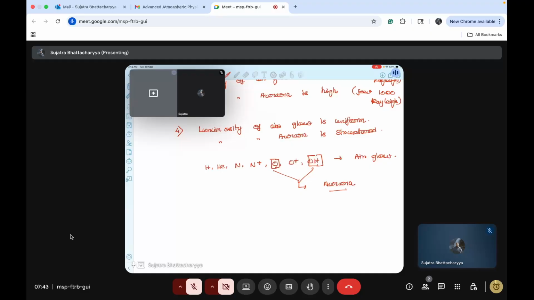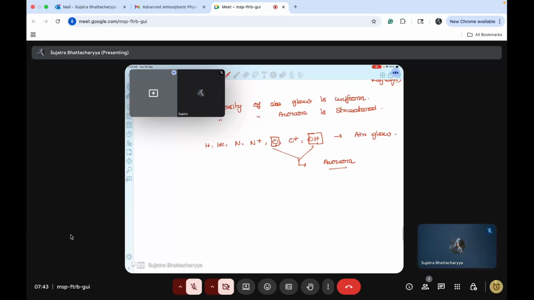Airglow emissions can be different. Let us briefly discuss them. So there are dayglow emission, nightglow, and third is the twilight glow.